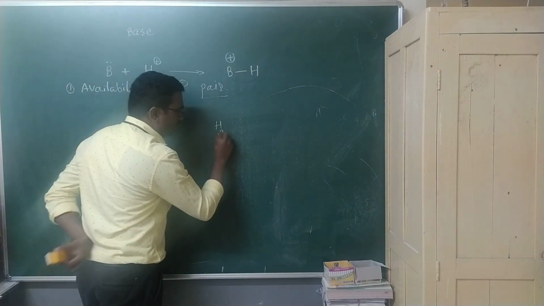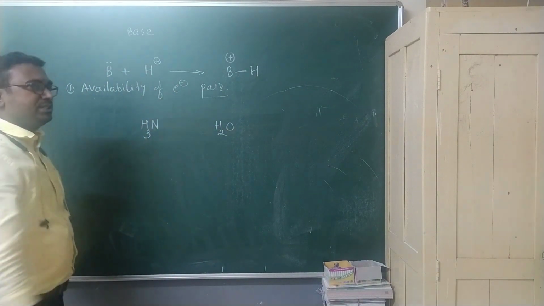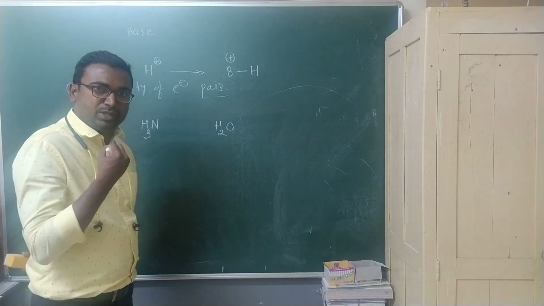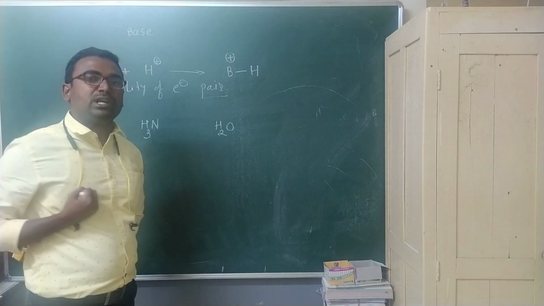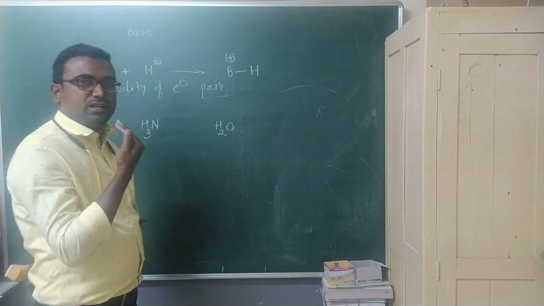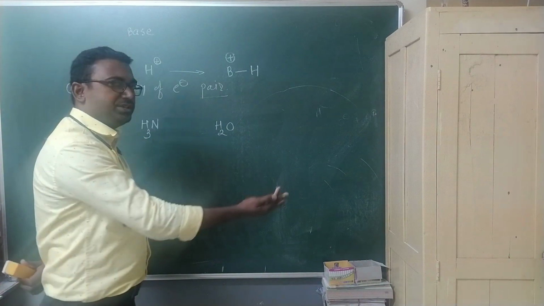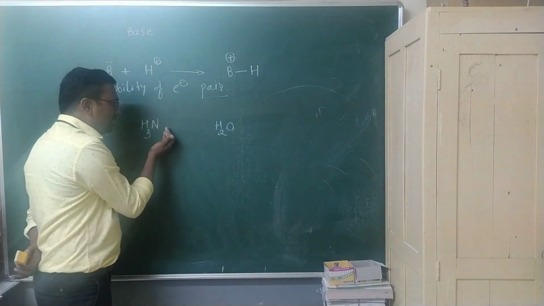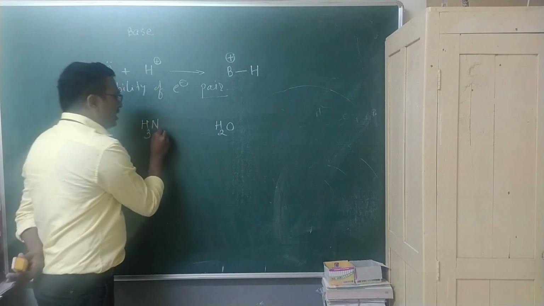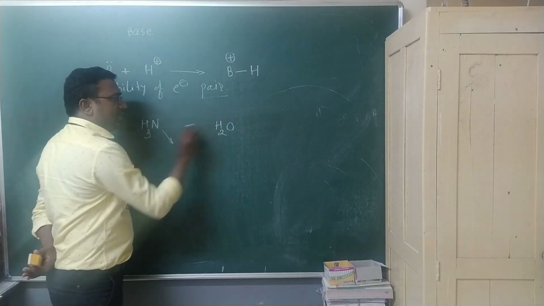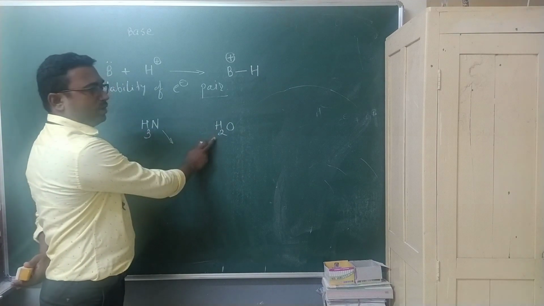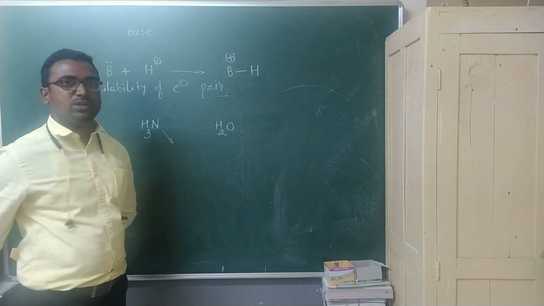For example, NH3 and H2O. We know that oxygen is more electronegative than nitrogen. Oxygen will hold more electrons towards itself, and nitrogen has less ability to attract electrons towards itself, so nitrogen is a better electron donor than oxygen, or ammonia is a better base than the water molecule, because oxygen is more electronegative than nitrogen.